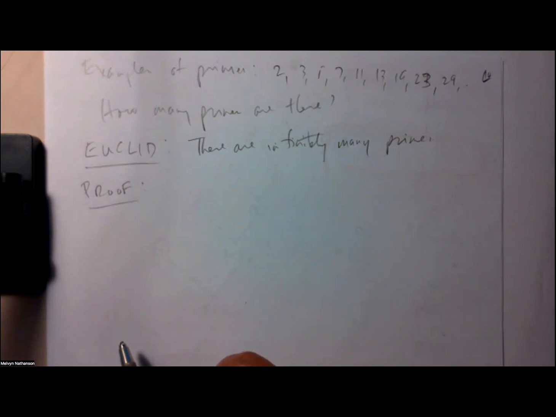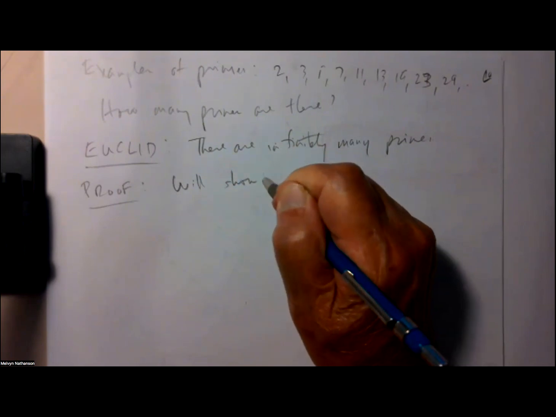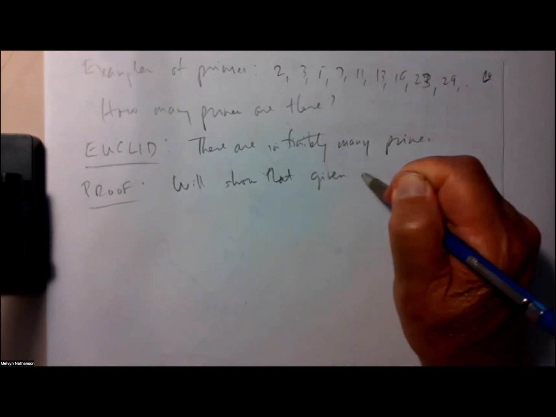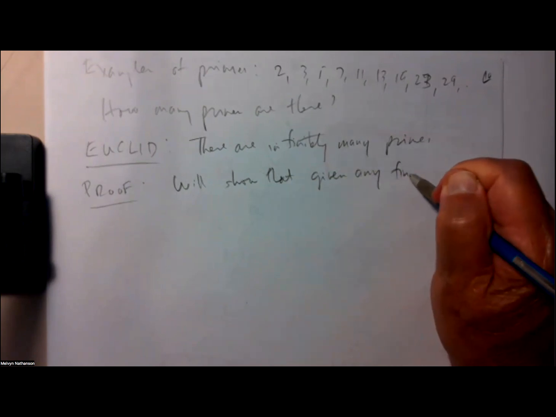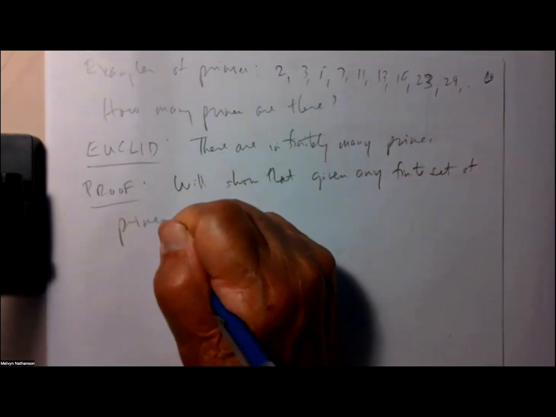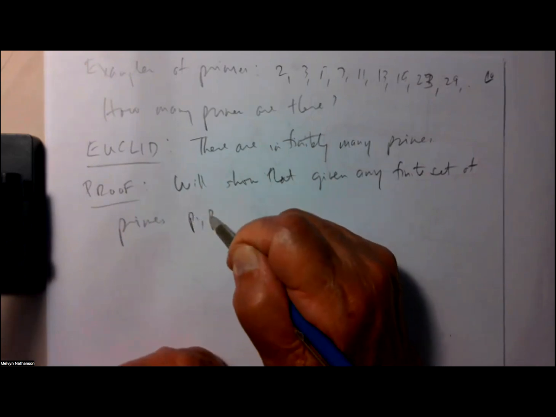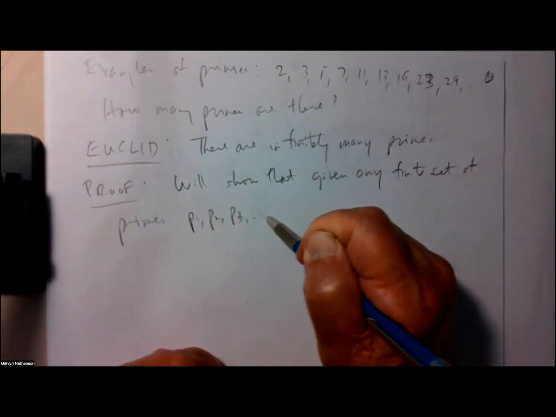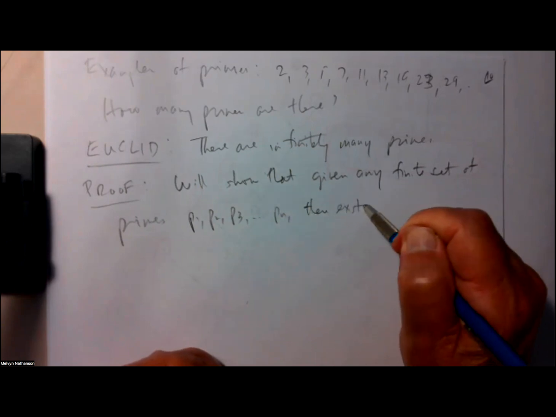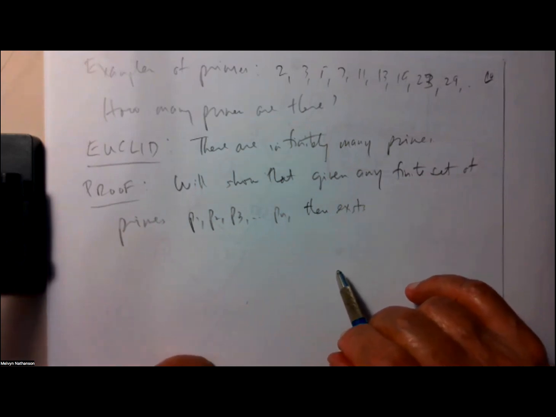And we will show that, given any finite set of primes, say P1, P2, up to P sub n, they don't have to be primes in order, just any finite set of primes, there still exists another prime.